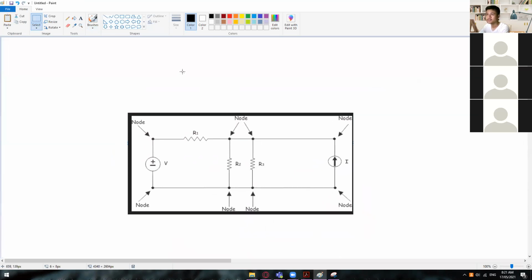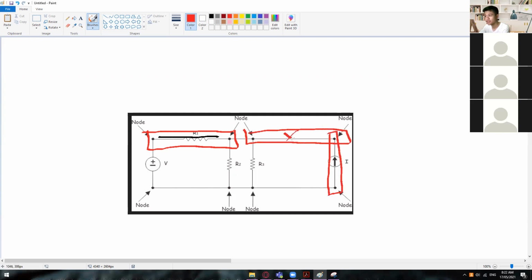All right, so if we have a path between those nodes, we also have a branch. This is one branch. This is another branch. But this one is not a branch. Why? Because it doesn't have any component in it.